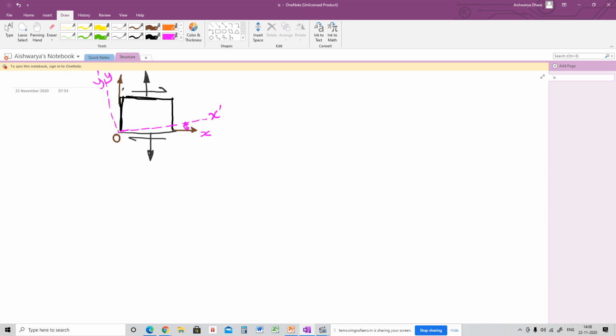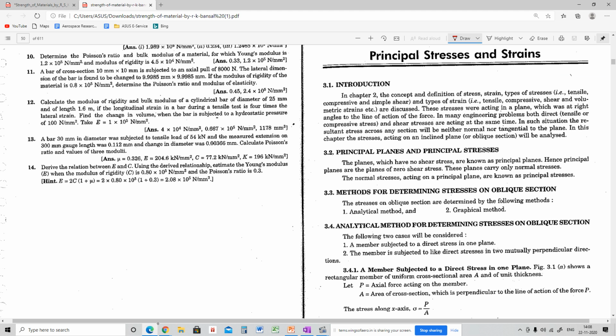When the object is transforming from one axis to another axis due to a direct load acting on a body, that particular plane is called a principal plane, where no shear stress effect is taken into consideration. Clear?